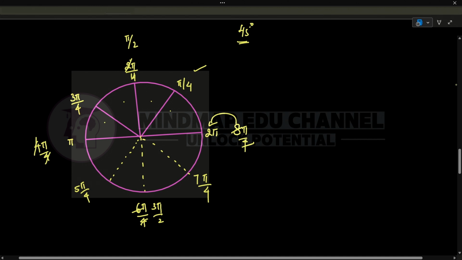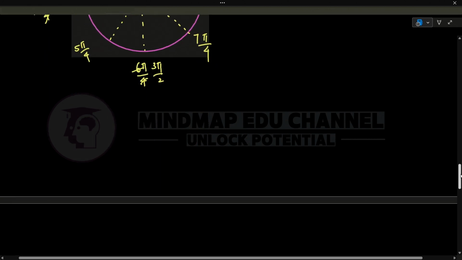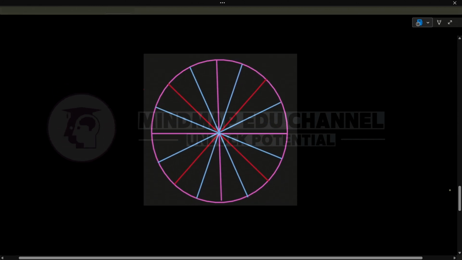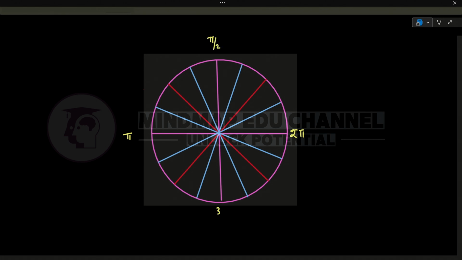So this is how we get all the 16 important points on a unit circle. So let's mark all of them. So here we start with 2 pi, pi, pi by 2, 3 pi by 2. Correct? Now according to 30 degrees, pi over 6 here.